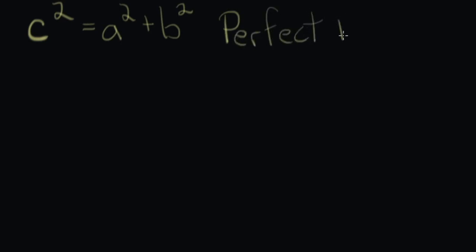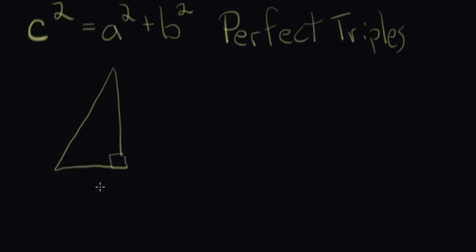What it basically meant was for any right angle triangle, so here's a right angle triangle, that means there's 90 degrees right there, if you squared the hypotenuse, and the hypotenuse is this side right here, and we'll call it C, it equaled the sum of the other two sides if you squared each of them. So that is where c squared is equal to a squared plus b squared. And they said that was perfection, perfect triples.